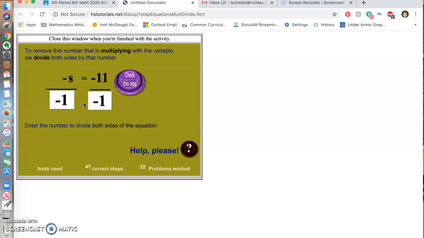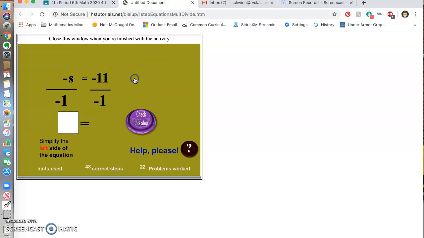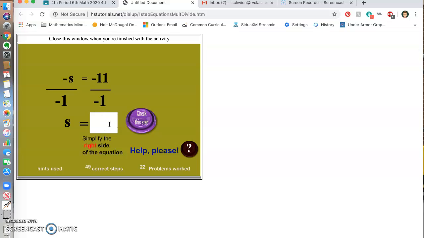That allows us to get rid of the negative sign. And again, that leaves you with the s, because if you divide negative by negative, you get a positive, and that's why we divided by -1. Negative divided by negative there is going to be positive, and 11 divided by 1 is 11.